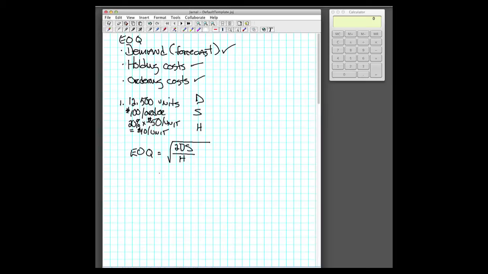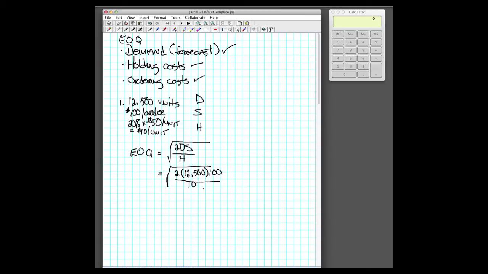And in our problem, we literally are just doing algebra, because we're just going to drop in these factors, where we're going to have 2 times annual demand of 12,500 times our ordering costs of 100, and we're going to divide that by holding costs per unit, which we've determined is 10.